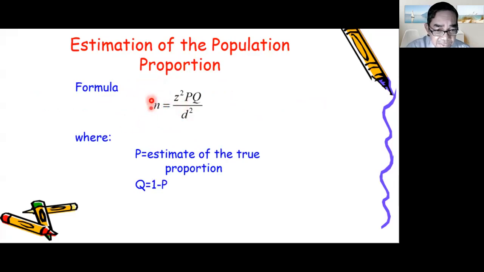Again, the sample size is n, and then the Z, the reliability estimate, and then P is the estimate of the true proportion, and Q is just 1 minus P, and then the d squared is the maximum allowable error, as we said a while ago.